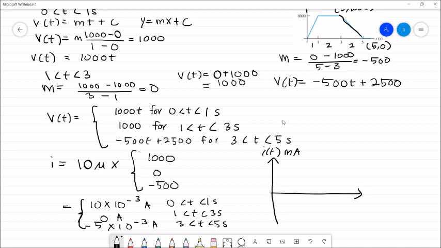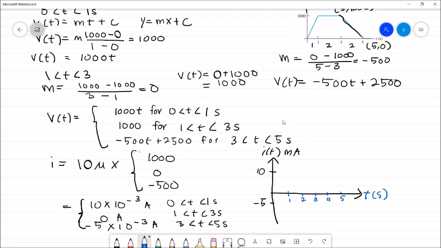So here we assume it as 10, then negative 5 somewhere here. For the first graph, the x-axis will be the time interval t in seconds. This is 1, 2, 3, 4, 5.